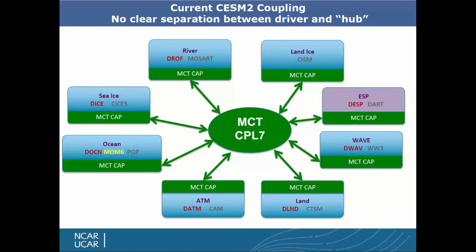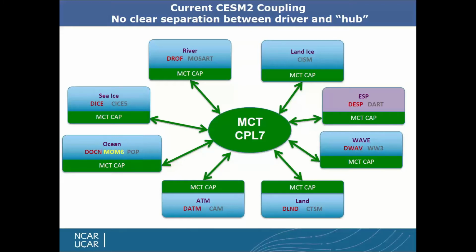So what is CMEPS? Our current approach for the Community Earth System Model, or CESM, is a hub and spoke infrastructure, which means that all components that couple into CESM don't communicate directly with each other. There are no connectors directly coupling the atmosphere to the land.